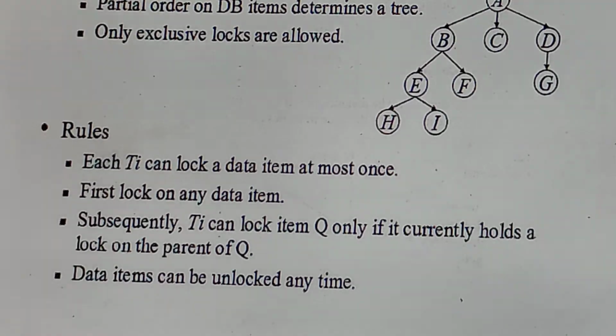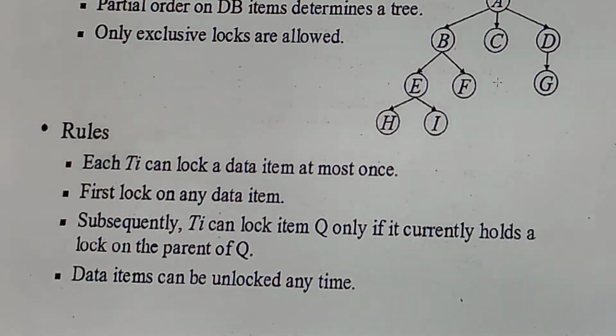What I mean is, suppose transaction T1 wants to lock the data item F, then transaction T1 needs to lock the data item B, because B is the parent of F, and before locking B, the transaction T1 has to lock the data item A. In short, in order to have an exclusive lock on the data item F, transaction T1 has to lock data item A and data item B, right?